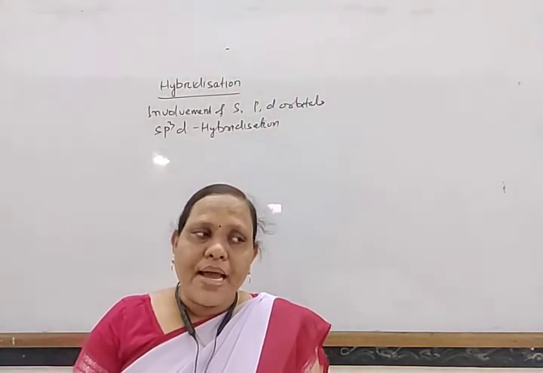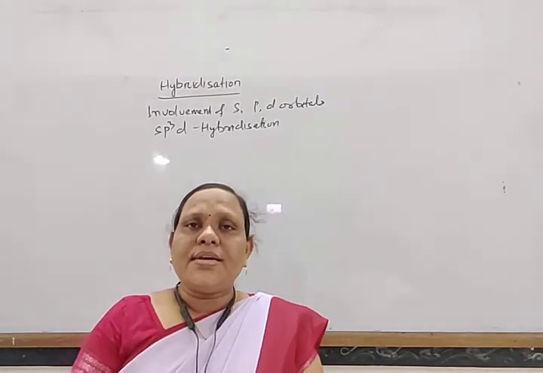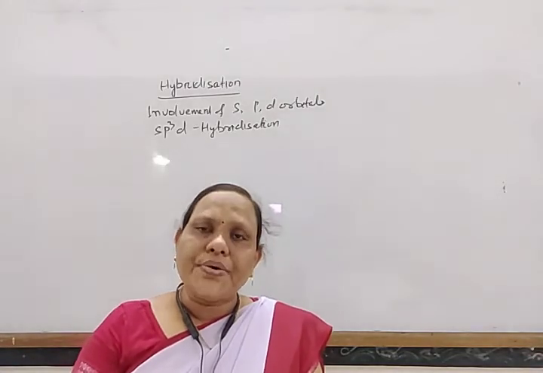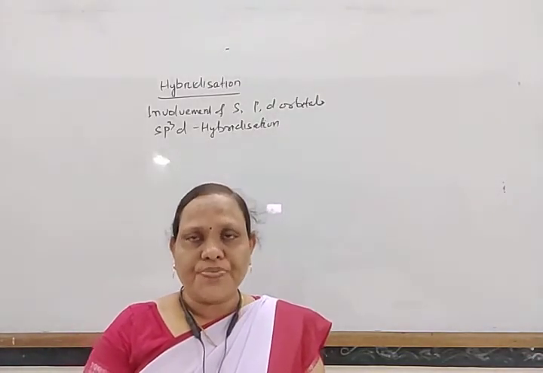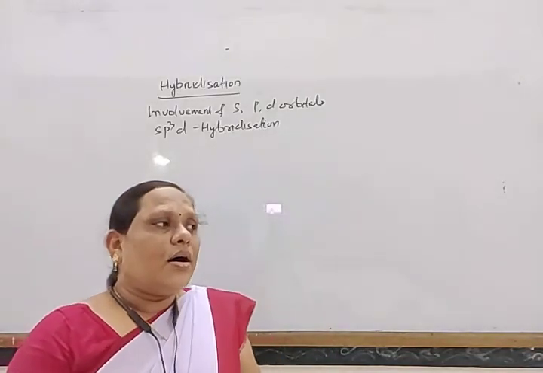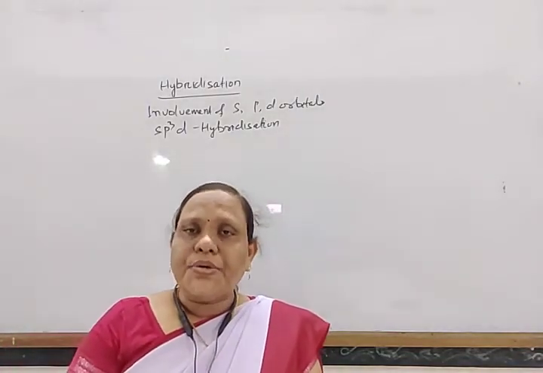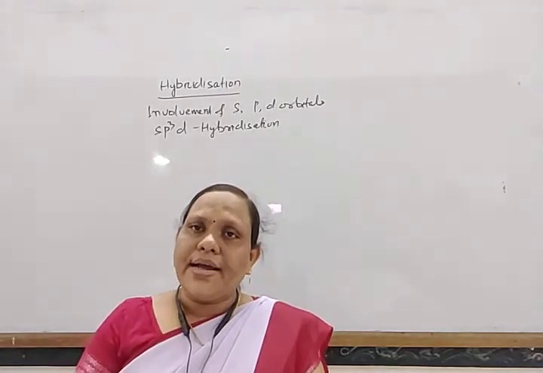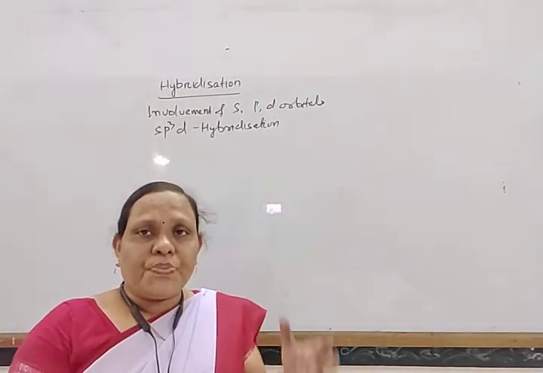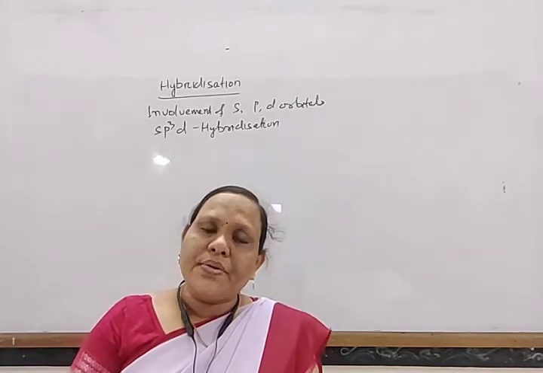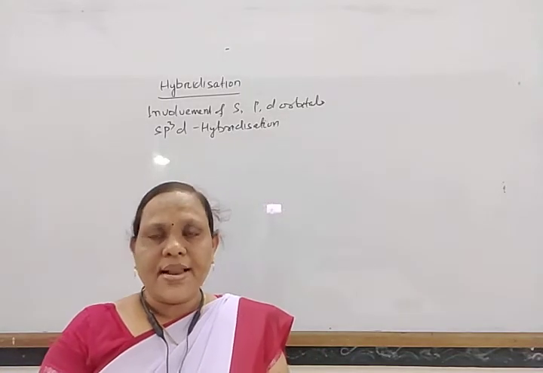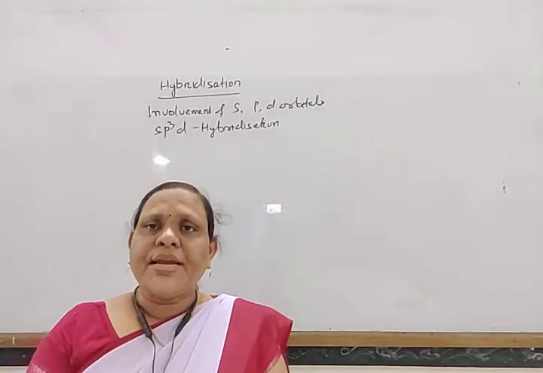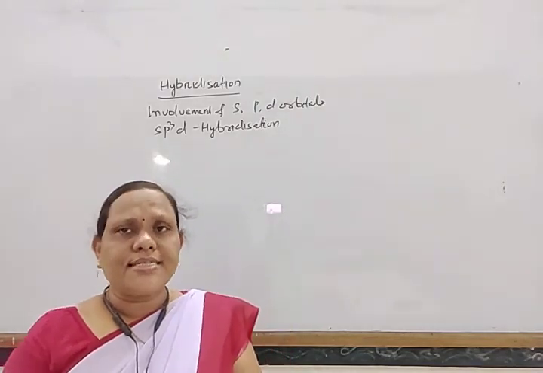These 5 sp3d hybrid orbitals arrange themselves in a trigonal bipyramidal structure. Here 3 hybrid orbitals are directed towards the corners of an equilateral triangle, while two orbitals remain perpendicular to the plane of the triangle. If we join all these, it gives a trigonal bipyramid shape.